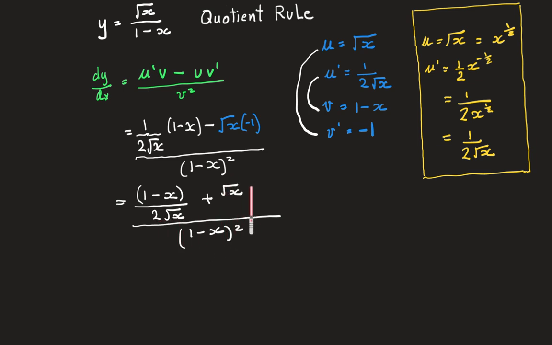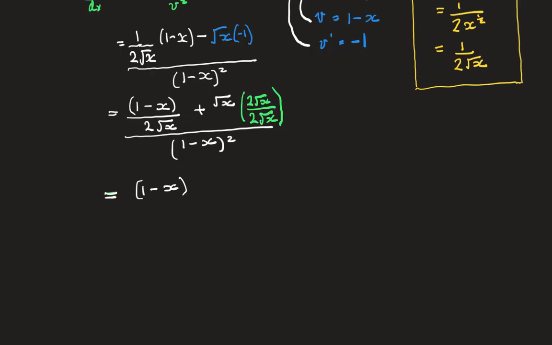I would like to change this root x and multiply that also so that I have a common denominator. So if I multiply this, I will have a common denominator. So 1 minus x, and then I need to add root x times root x. This means that if I multiply root x and root x, I will just get x. So I write down plus 2x. Right, now I have my common denominator, which is just 2 root x.